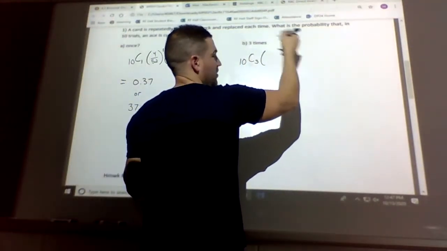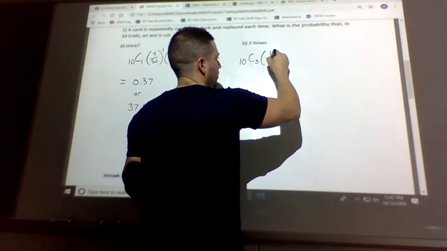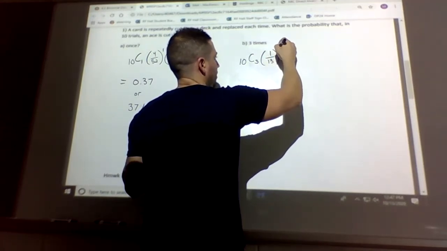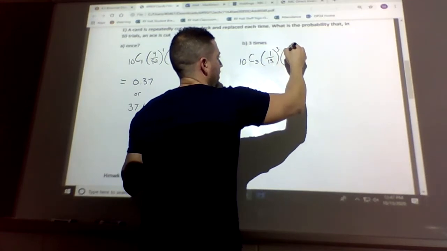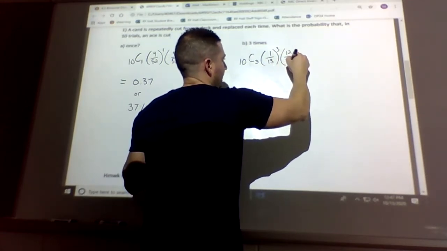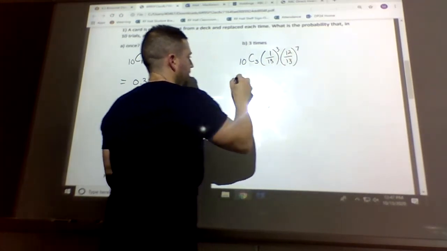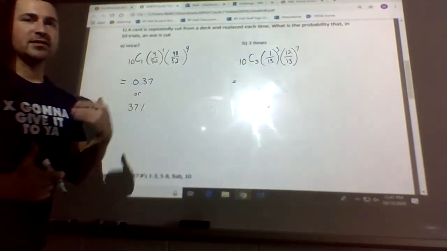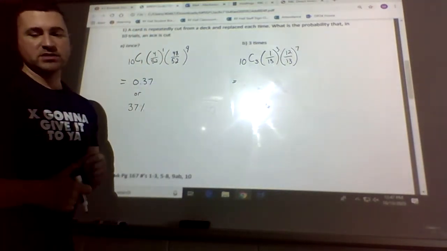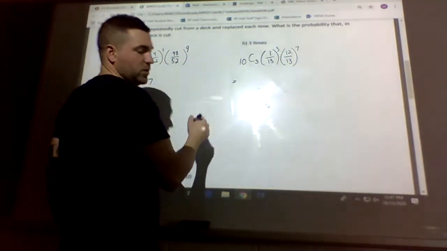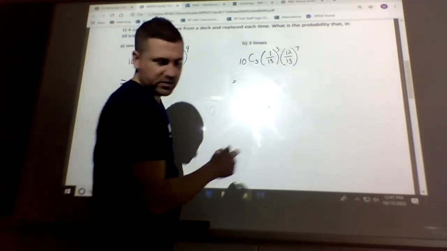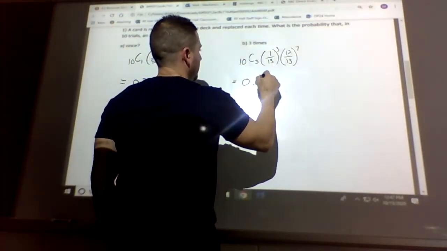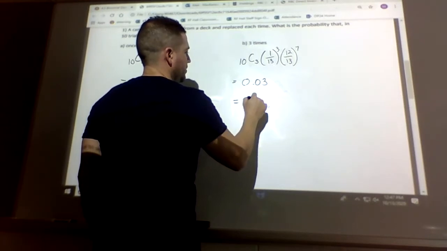So I'm just going to use the reduced form, 1 over 13 to the power of 3, and the remainder is 12 out of 13 to the power of 7. You expect the probability to decrease, because to get an ace 3 times is unlikely. So when you plug this in, you get the answer of 0.03, which is a 3% chance.